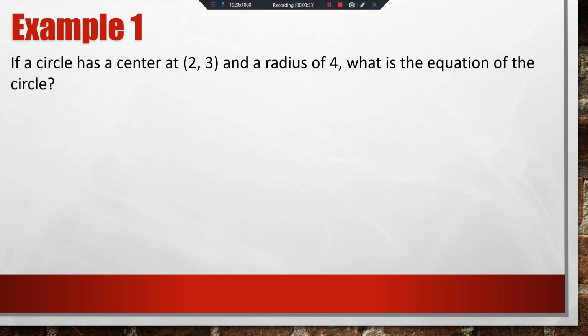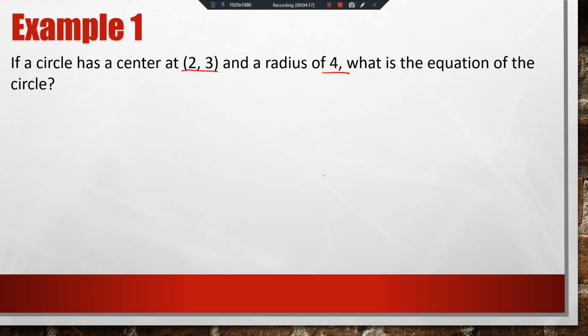Yes, that is not in the origin. As you can see, based on the givens that we have here, the center is at (2, 3), meaning it's not in the origin. And of course, the radius of the circle is 4.